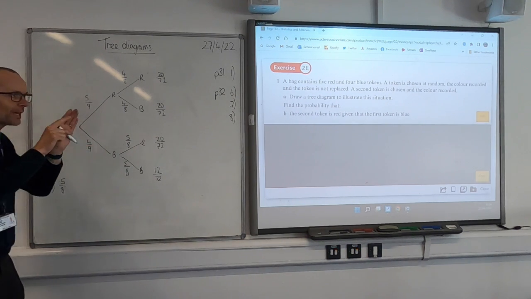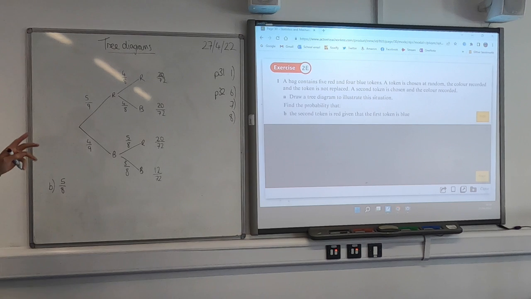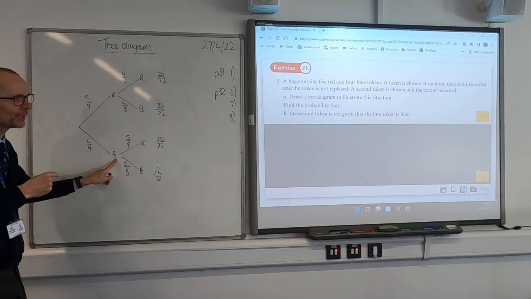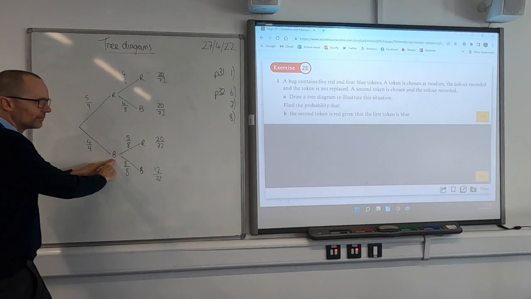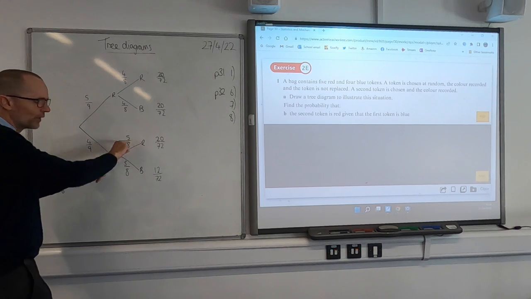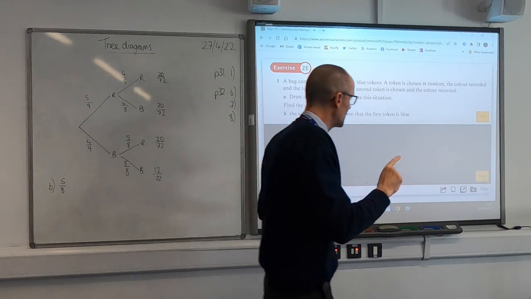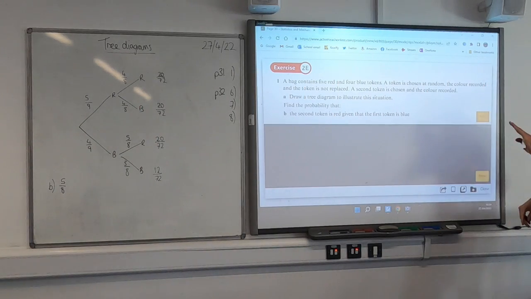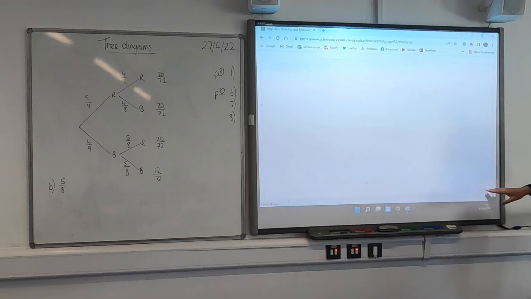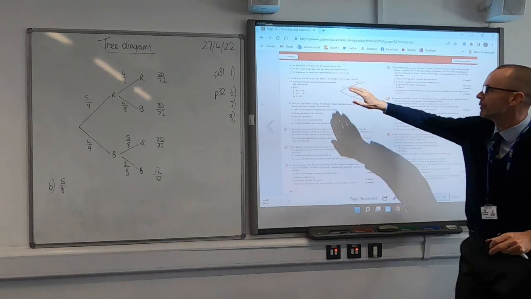The tree diagram is the right way round for that question. Given that we're here, that's what it means, we're here. Given that the first token is blue, what's the probability the second token is red? It's just 5/8. So with that one, the tree diagram helps. And it's really important that you can spot those simple ones, because some are simple, although there are plenty of non-simple ones.